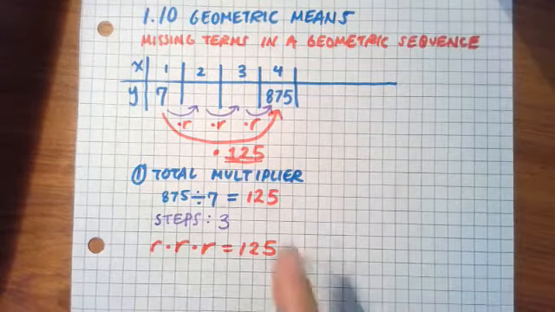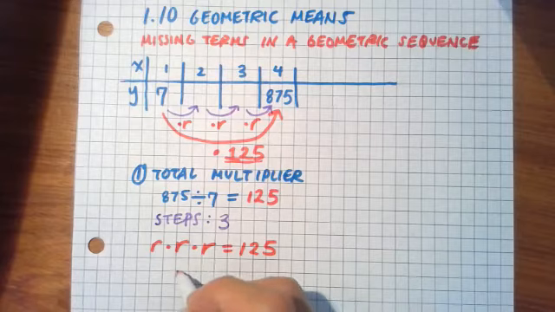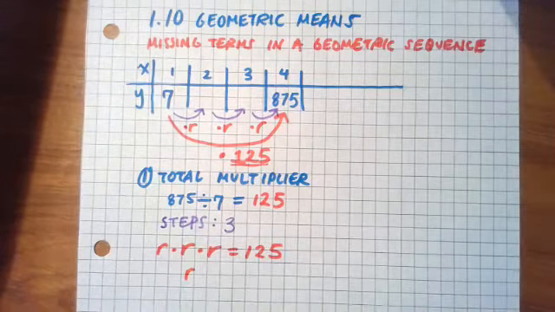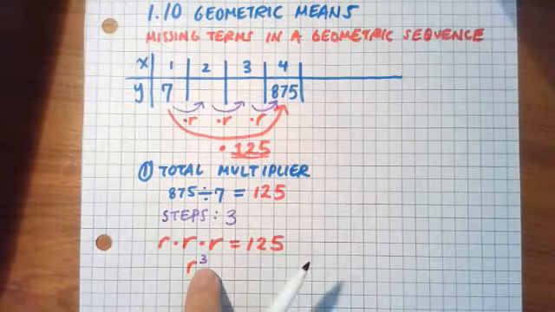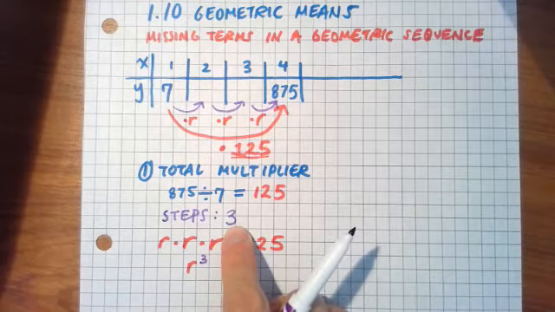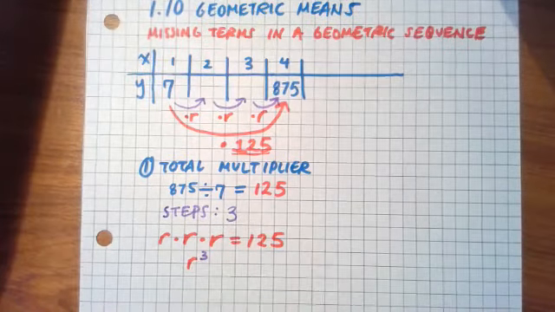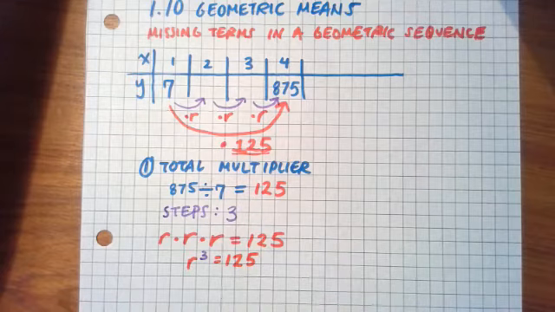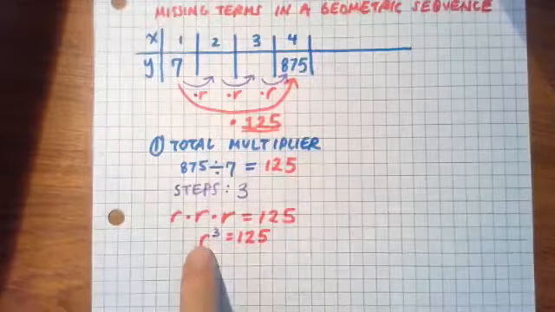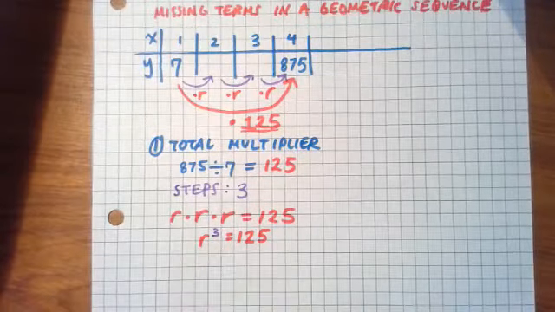R times r times r is the same thing as r to the 3rd power. Notice the exponent is the same as the number of steps that we have. R to the 3rd power is equal to 125. And so now I just need to figure out what number to the 3rd power is equal to 125.